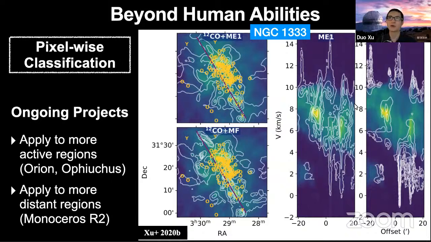But we don't know whether they are performing reasonably, because we only trained our model on individual outflows and two or three outflows interacting with each other. We haven't added an extreme star-forming region simulation to our model.